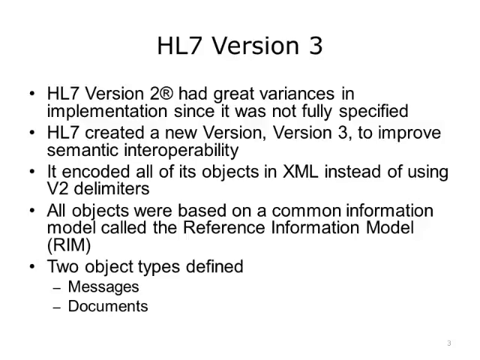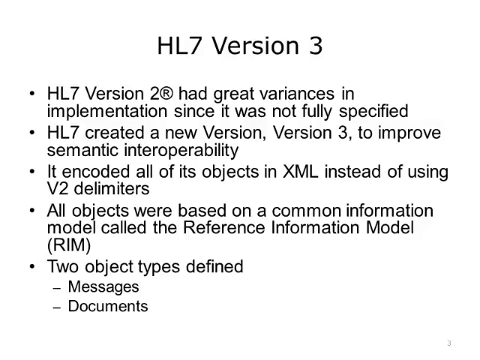HL7 also encoded all V3 objects using XML, or Extensible Markup Language, a popular encoding language for the web. This was considered more modern and generic than the HL7 specific encoding process of version 2. There were industry tools available to process XML formats. There were two object types that were defined for version 3, messages and documents.